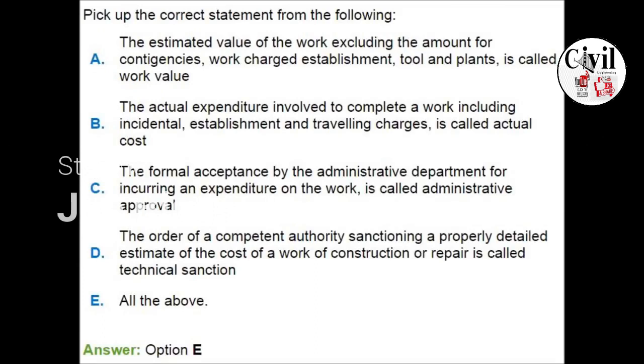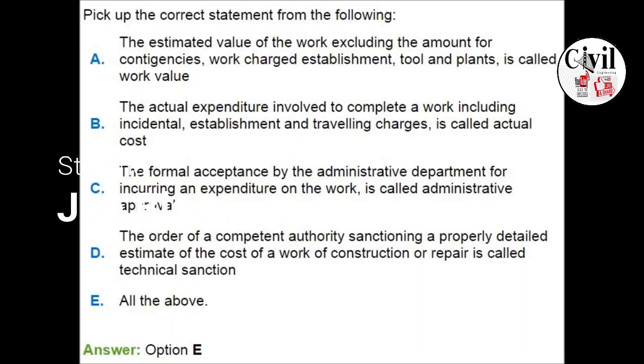The formal acceptance by the administrative department for incurring an expenditure on work is called administrative approval, and the order of the competent authority sanctioning a detailed estimate of cost of a work of construction or a repair is called technical sanction. So actually these all definitions are correct. So the option E is the correct because all these options are same.